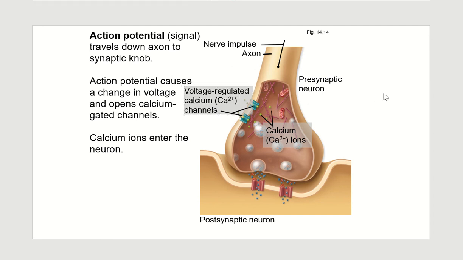Okay, so these are voltage-gated calcium channels. When those open, calcium ions flood into the neuron. So the neurons do maintain a concentration gradient, high calcium levels outside the cell, low calcium levels inside the cell, so that when these channels open, calcium rushes into the cell.